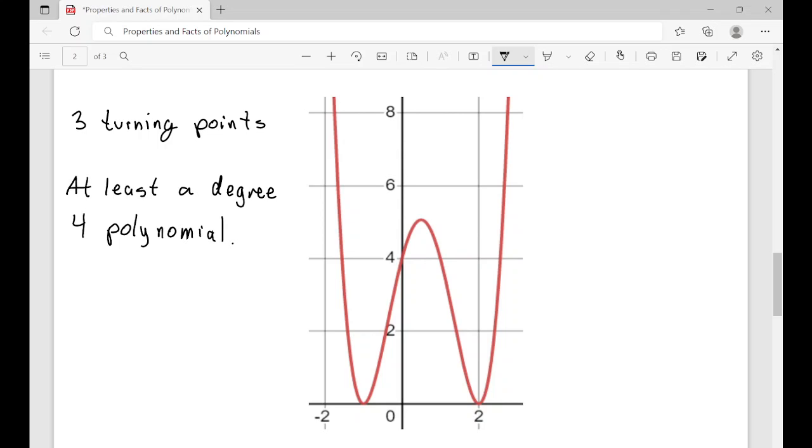It could be higher because of different things that could go on, but because it has 3 turning points, we could say that at the very least it's at least a degree 4 polynomial.